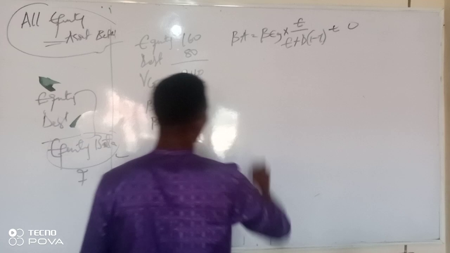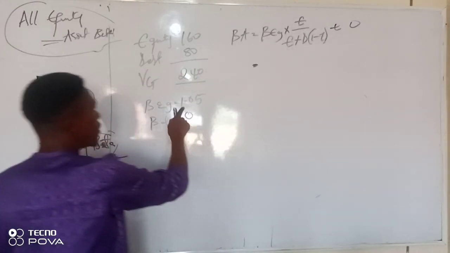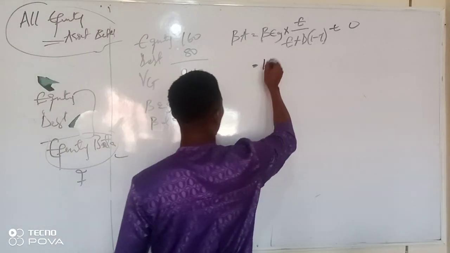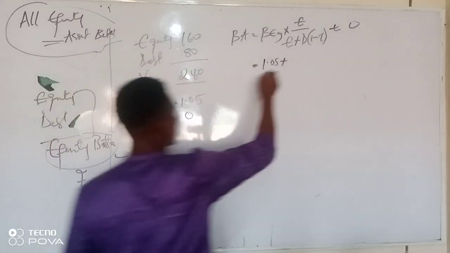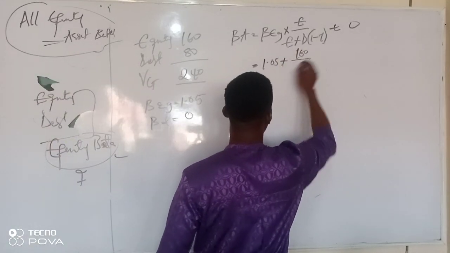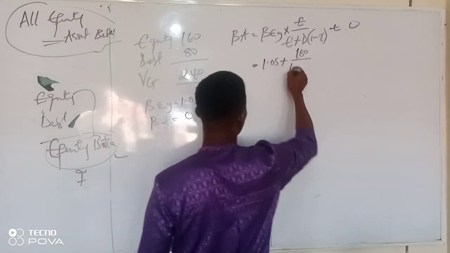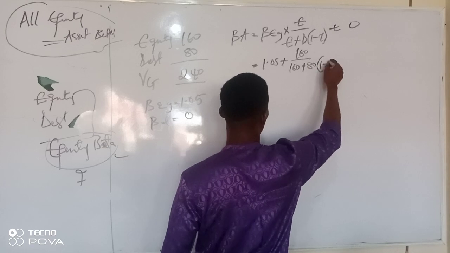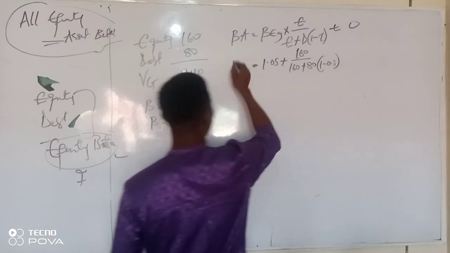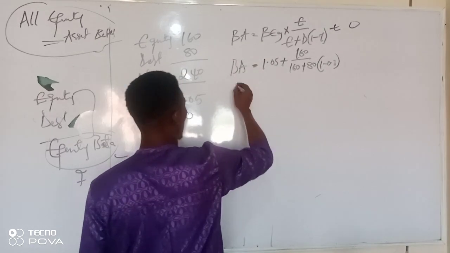So with that, our beta equity given to us is 1.05. That will be 1.05 times our equity 160 over our equity 160 plus our debt 80, times tax rate 1 minus 0.3. Then our beta asset, using your calculator.